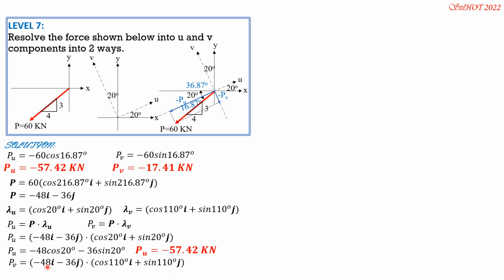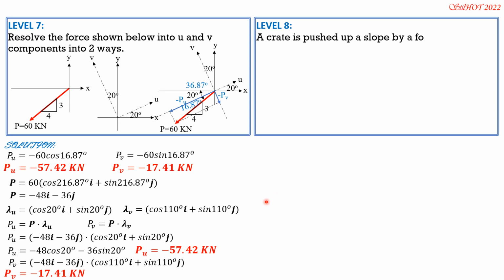So you just use your calculator there. We run out of space. Negative 48 cosine 110 degrees, then negative 36 sine 110 degrees. So P sub V is negative 17.41 kilonewtons.